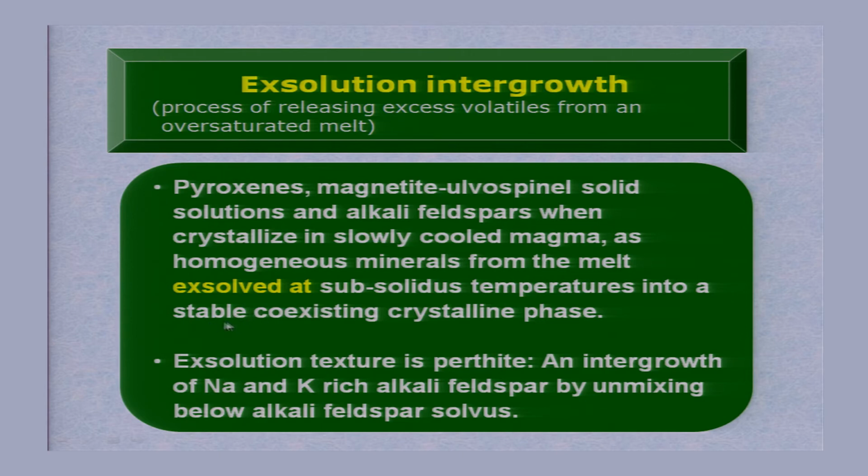As a result, stable coexisting crystalline phases are formed. Exsolution texture is commonly known as perthitic texture. The rock is called perthite, an intergrowth of Na- and K-rich alkali feldspar by unmixing below the alkali feldspar solvus.